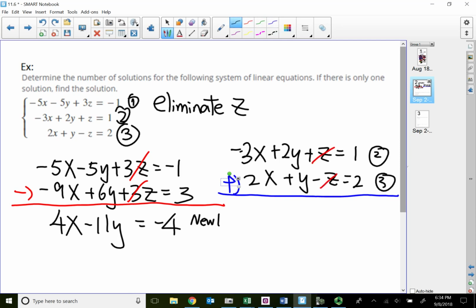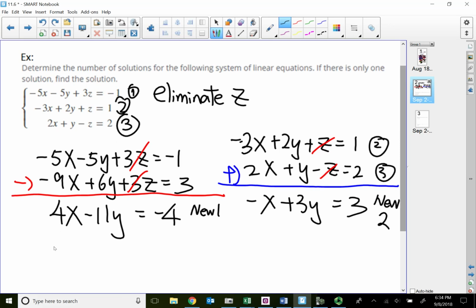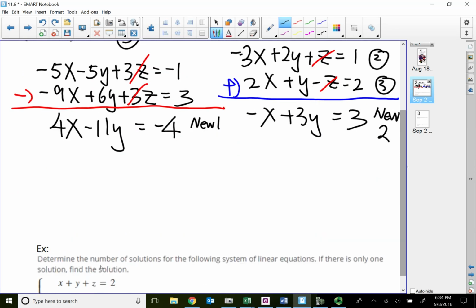So negative 3 plus 2 is going to be negative x. 2 plus 1 is positive 3y equal to 1 plus 3. So there's my new 2. Okay. So let me line this up, okay?